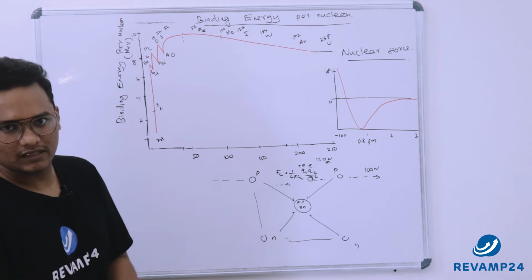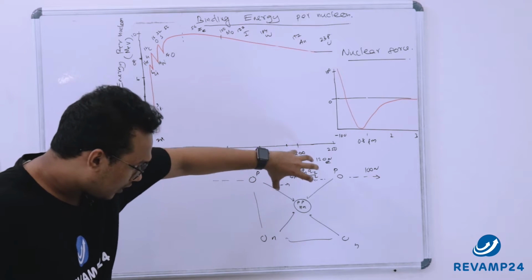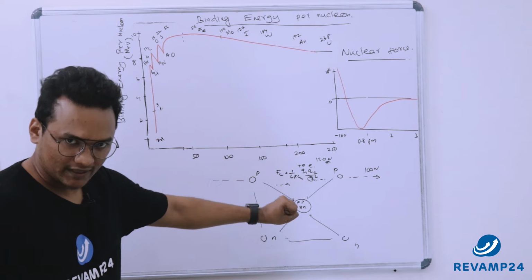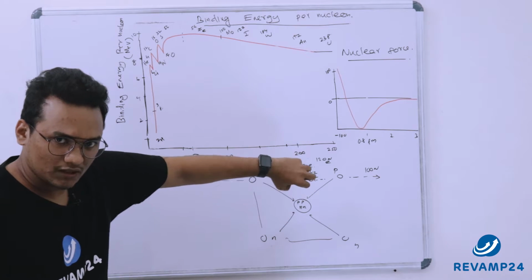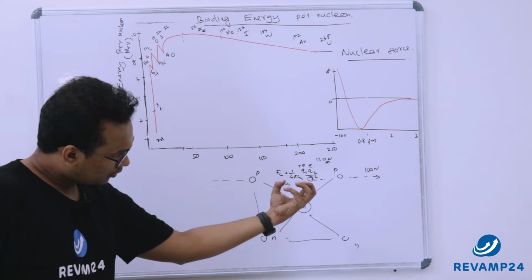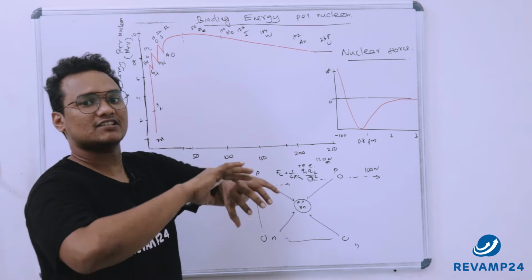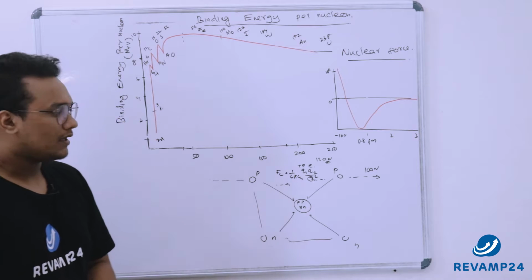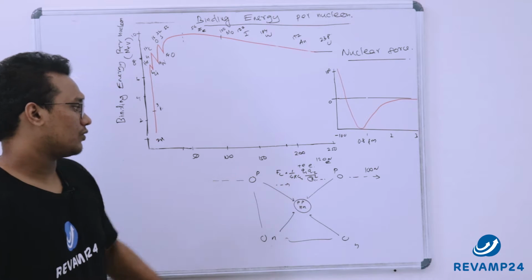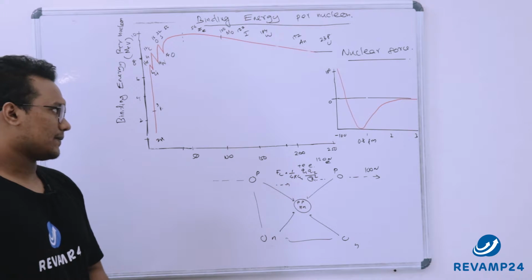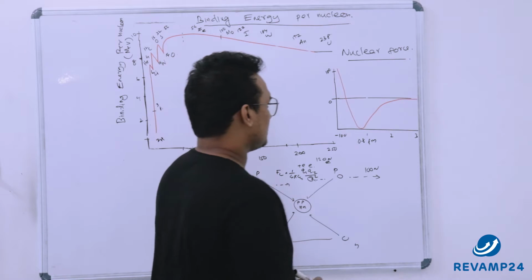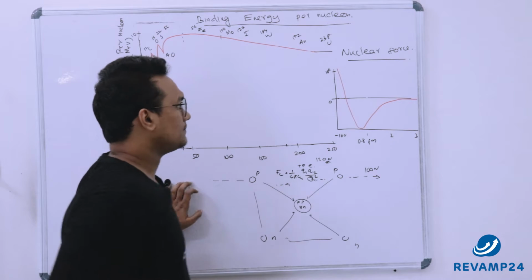Hope the concept is clear. Only such a force can hold two protons together, because there is Coulomb's law of repulsion. To oppose that force, we need a force of larger magnitude, then only can they combine to form a nucleus. Now this is the curve of nuclear force.